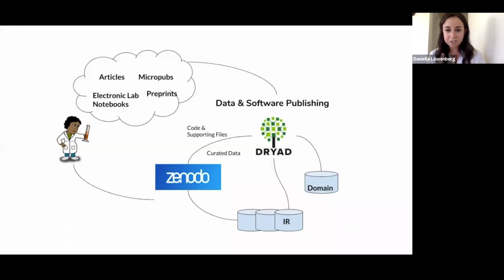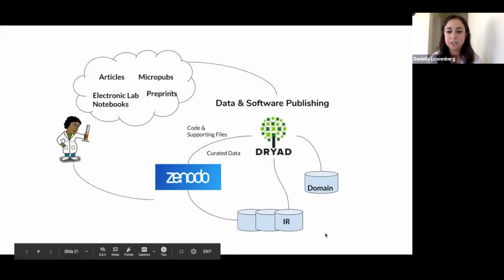I put together this illustration, but I don't want to get stuck on the idea of Dryad and Zenodo, because there are so many players that can come in here and be a part of this ecosystem. I've put this together to illustrate how we can leverage and interoperate together to make sure that we are very much connected to researchers, but very much rooted in institutions.